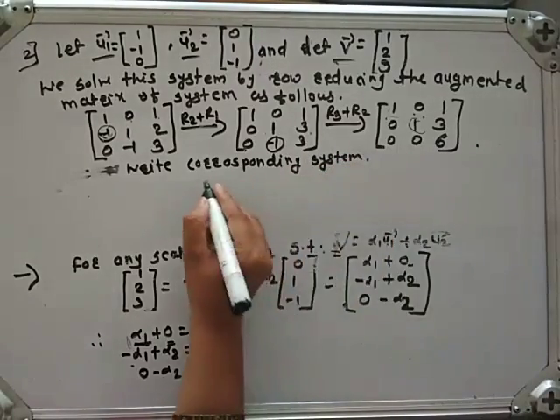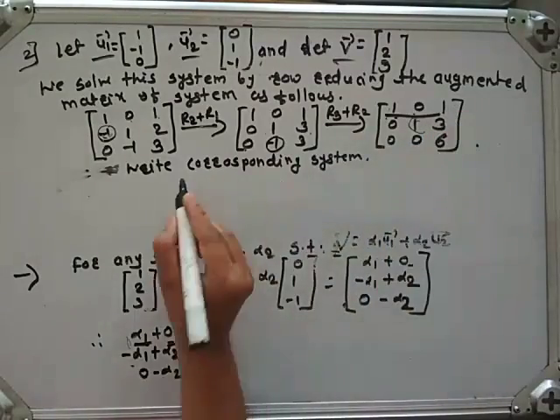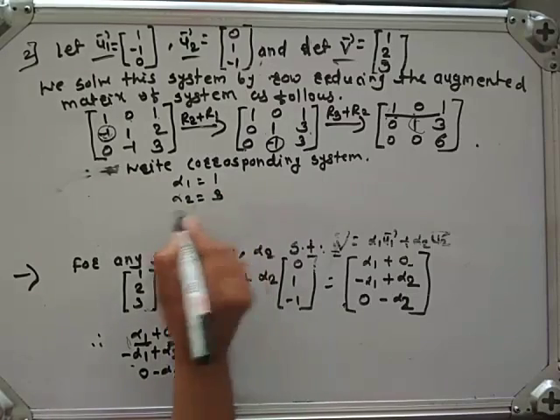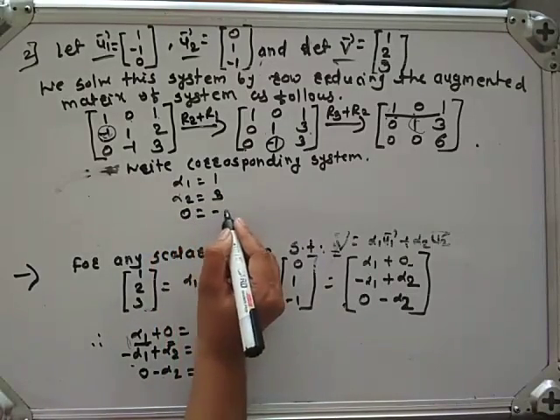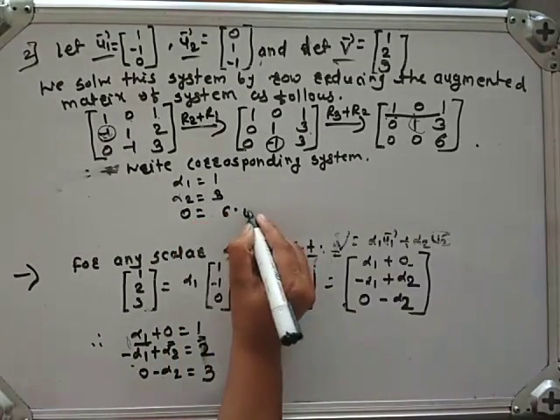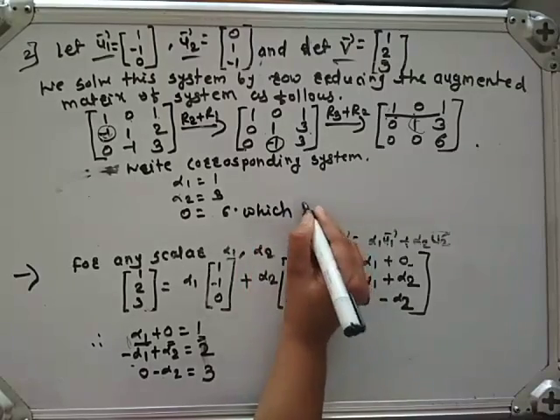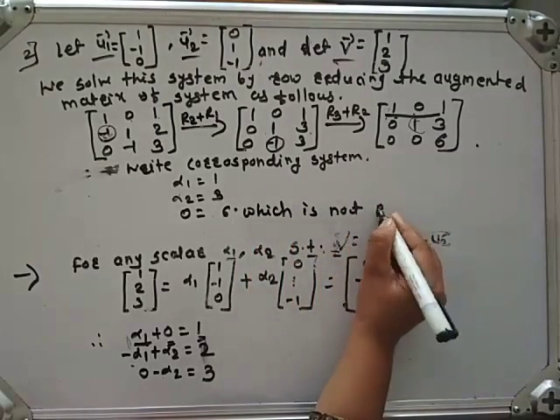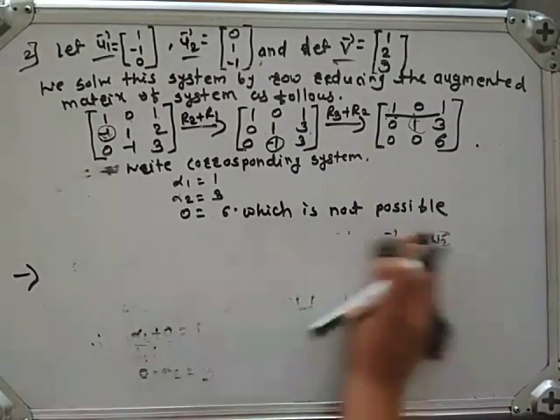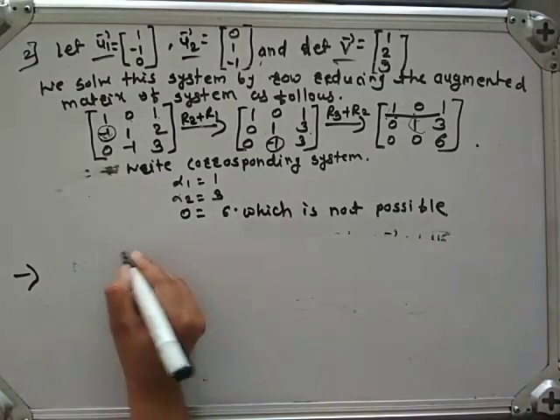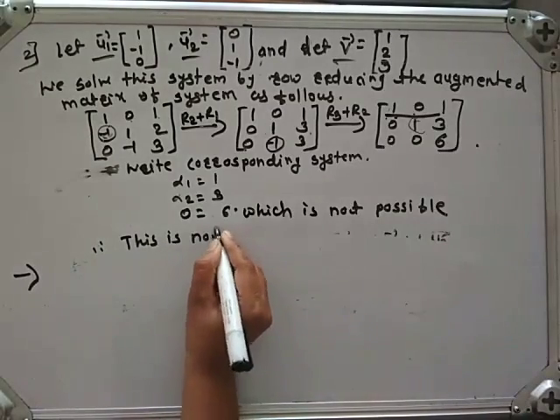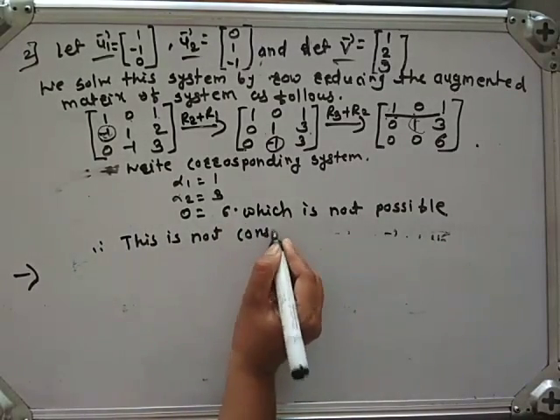From these rows we get alpha 1 is equal to 1, alpha 2 is equal to 3, and 0 is equal to 6, which is not possible. Therefore this is not a consistent system.